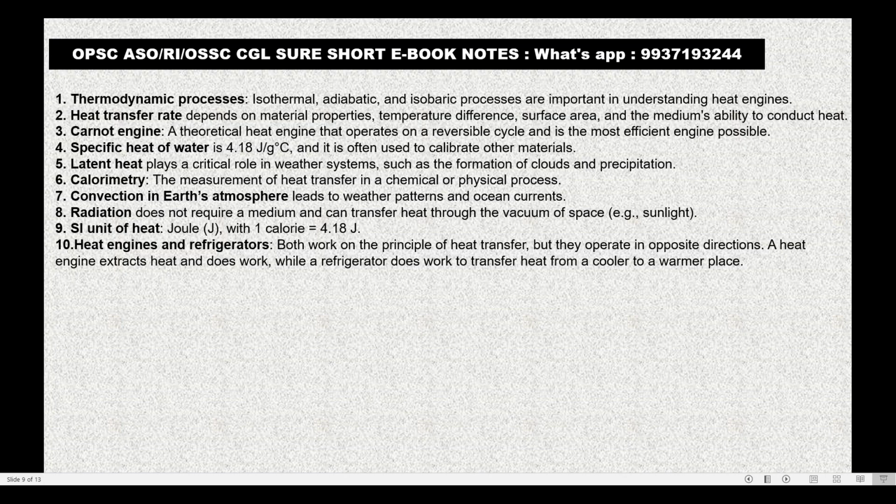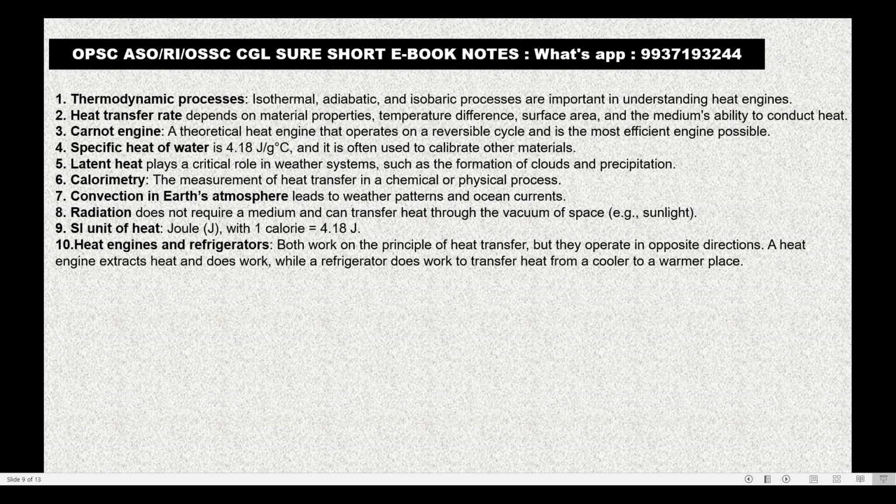Calorimetry: the measurement of heat transfer of a chemical or physical process. Convection in Earth's atmosphere leads to weather patterns and ocean currents. Radiation doesn't require a medium and can transfer heat through the vacuum of space.